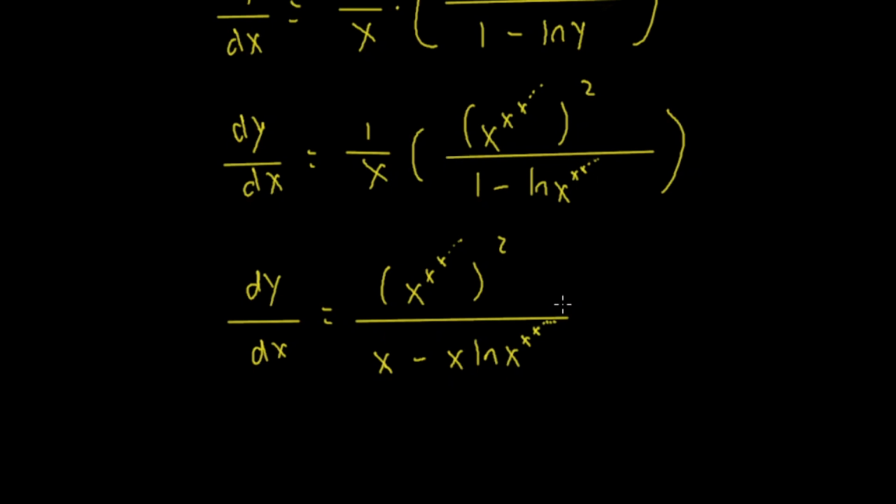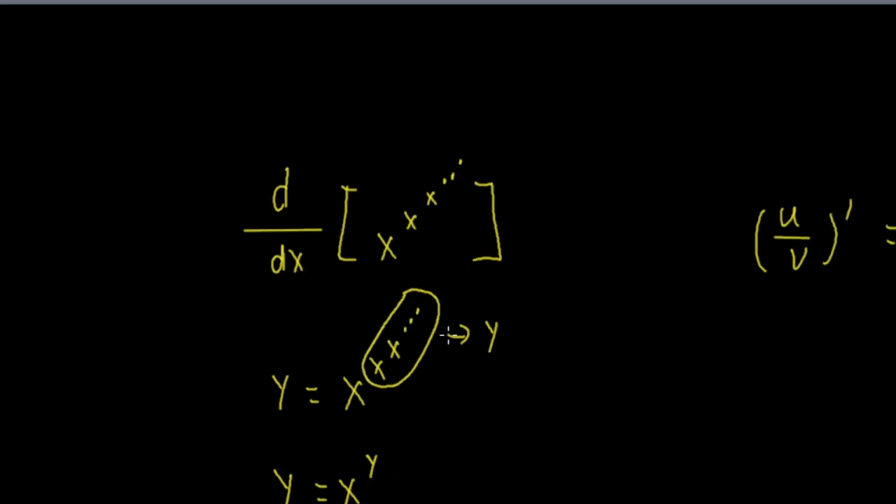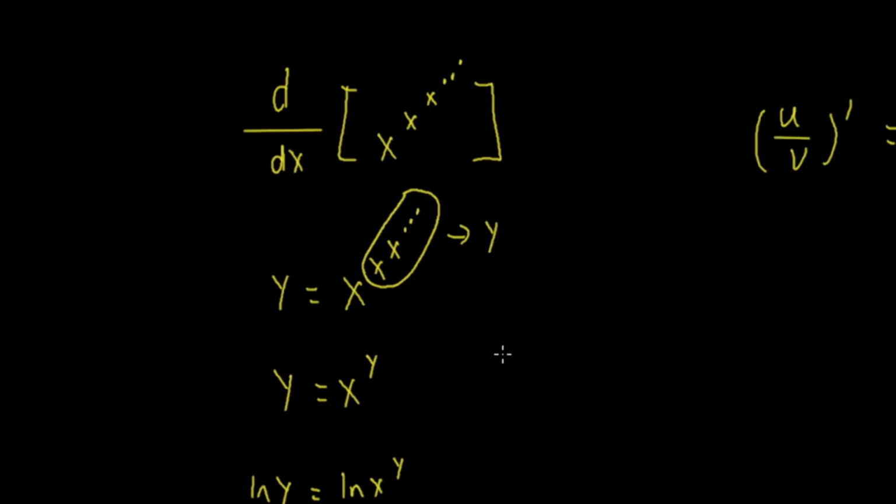But of course, this x here, I can just move it to the exponent, so I can erase this. Just like this. Okay, so this is the derivative of x to the power of x to the power of x, endlessly.